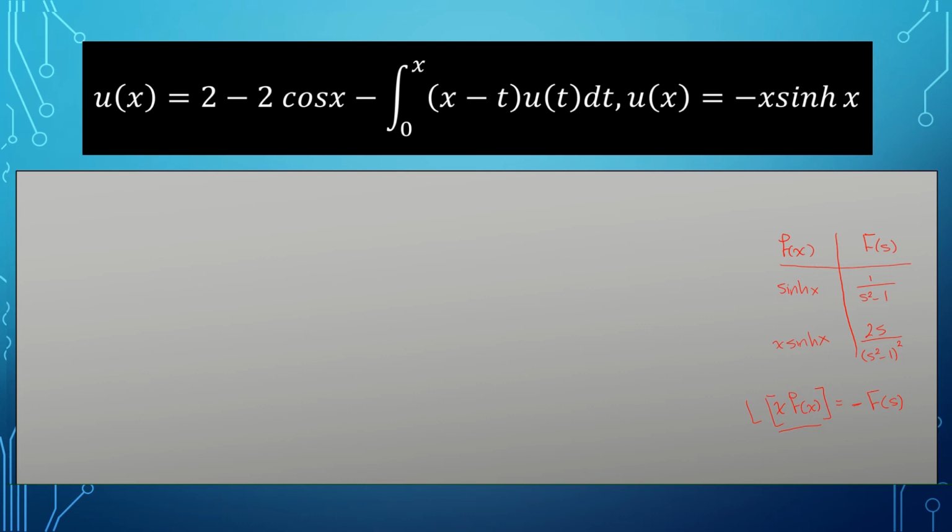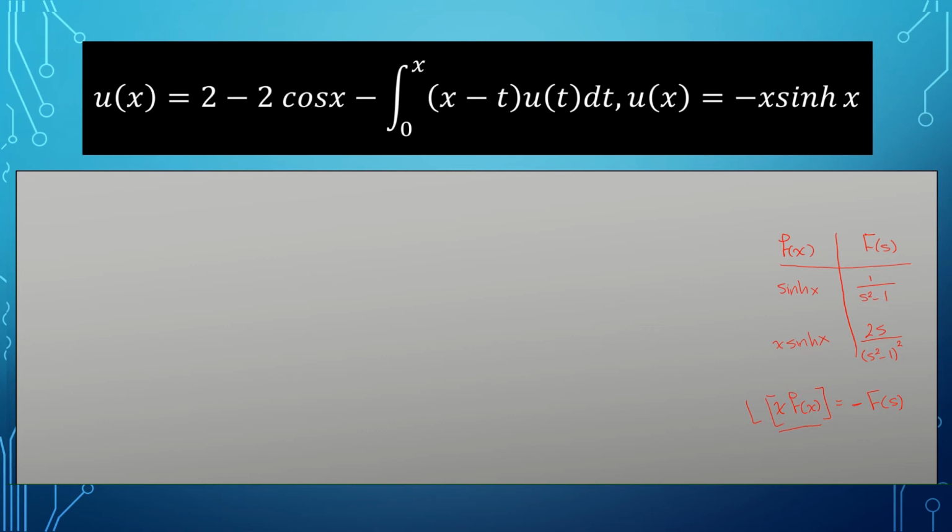What should we do? We should use this method, which is L of x multiplied by f of x will give us minus F prime of s.